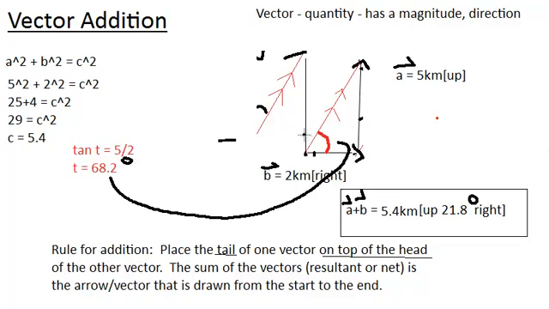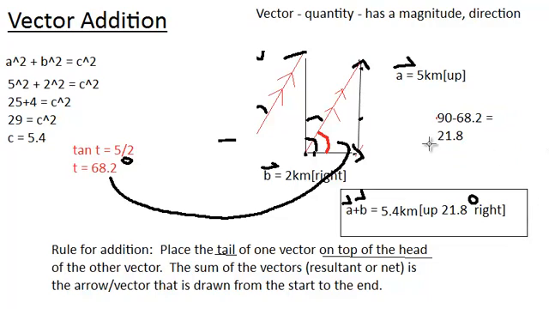If this is right and this is up, then this must be a right angle, right? What is this angle? Well, the angle is basically 90 minus 68.2, which equals 21.8, as figured out just now.